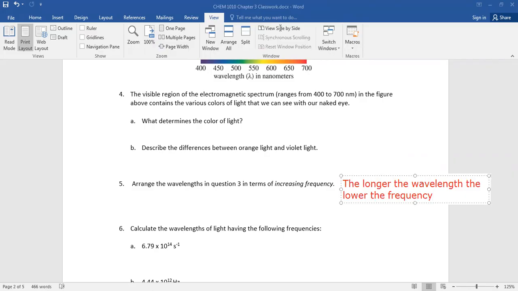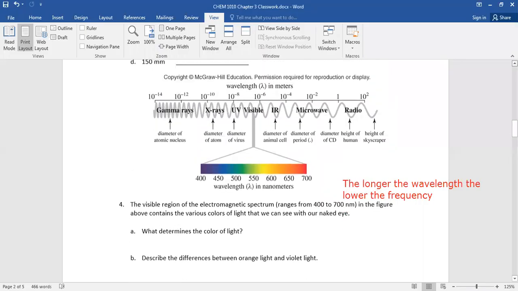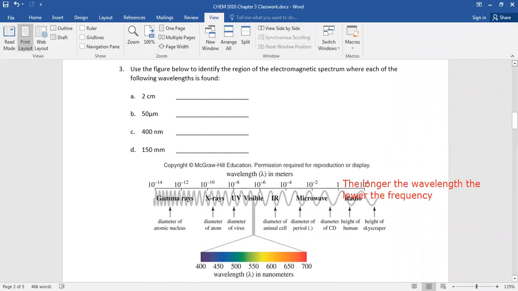So therefore, for part A, the answer was 1 times 10 to the negative 2 meters. For part B, the answer was 5 times 10 to the negative 5 meters.